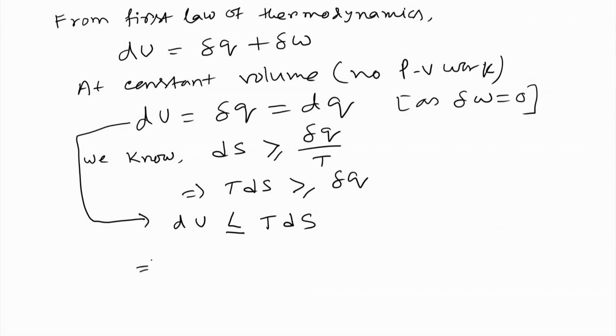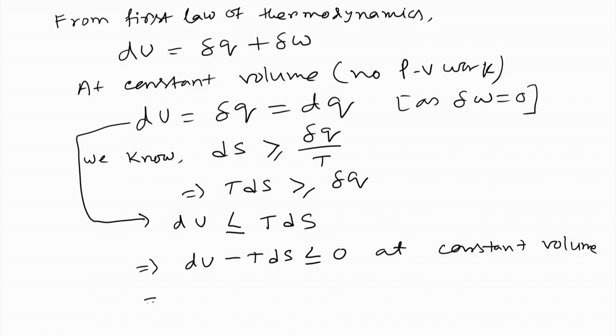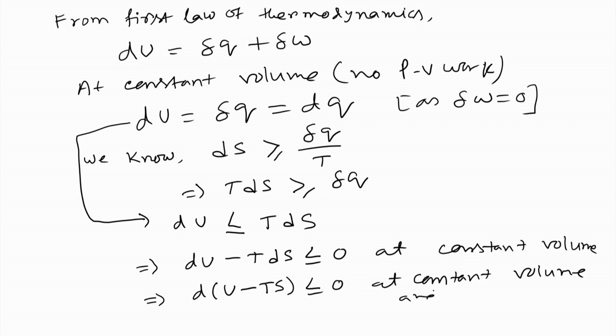Or we can write dU minus T dS less than or equal to 0 at constant volume, and further, dU minus T dS less than or equal to 0 at constant volume and temperature. Okay.